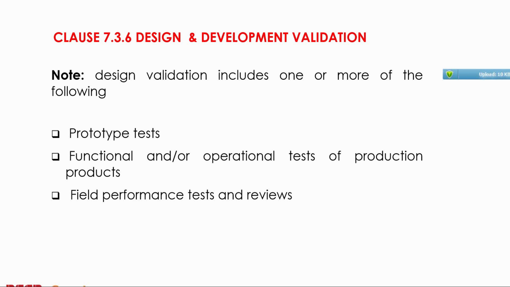This slide is on design and development validation. And it's clarified there for prototype tests and functional and then field performance. The prototype validation, the design may be sent to an external test house, be tested in a lab or workshop, or out in the field where it is tested against similar conditions it will face when put into service.